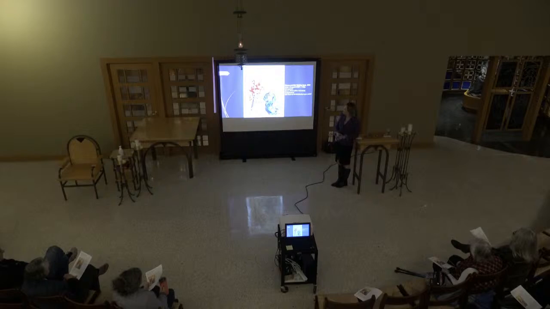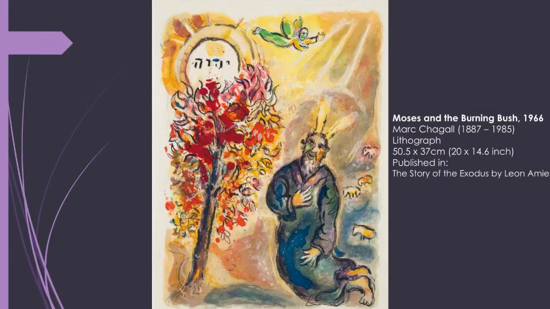Yes, if some of you might remember, we have seen a painting by Chagall, or you might all be familiar with the works by Chagall. He doesn't necessarily strive to present something in a realistic way.